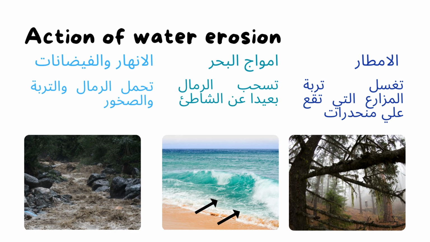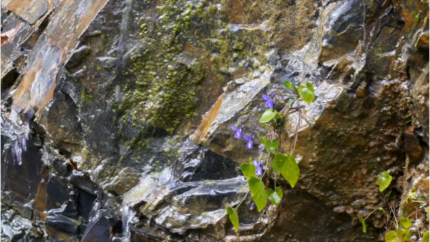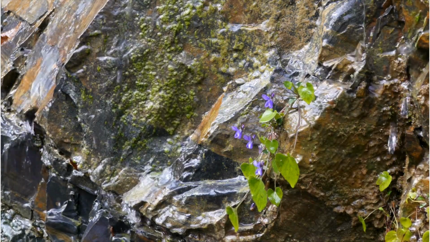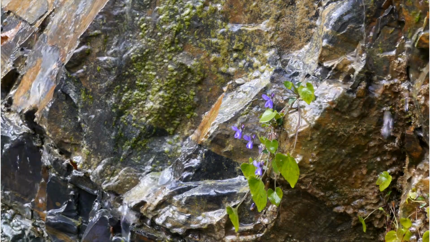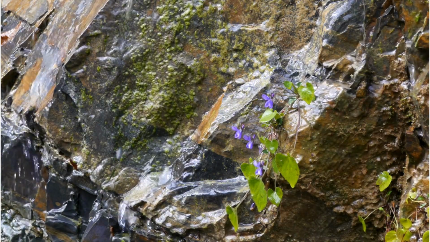Rain washes away soil from farms located beside downhills. A downhill is something that is high and has a slope, as you see here. When the rain falls, it takes some of this soil and carries these soil particles downhill, as you see here.